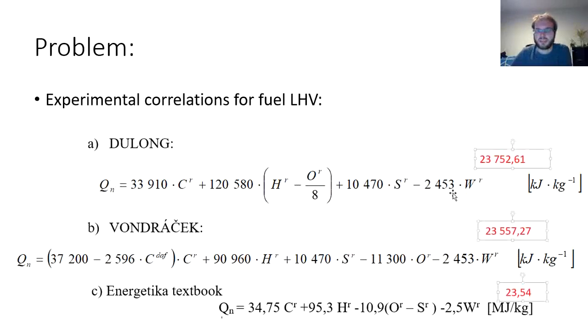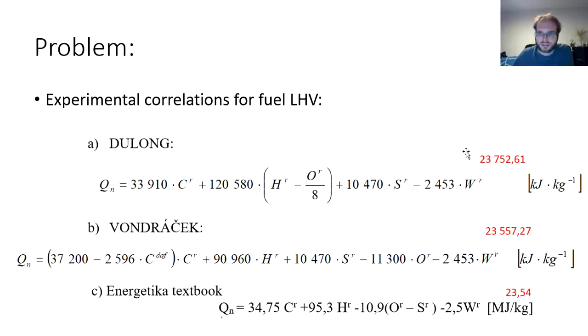you should get these three values: 23.7 megajoules per kilo for the first one, 23.6 for the second, and 23.5 for the third one.